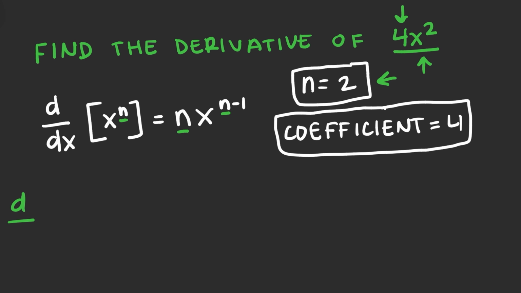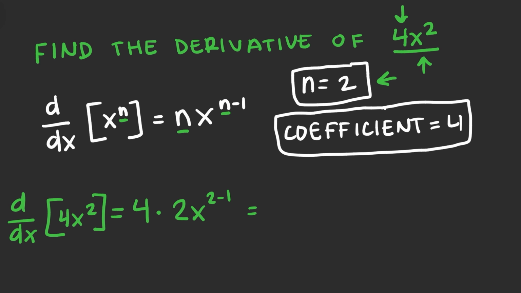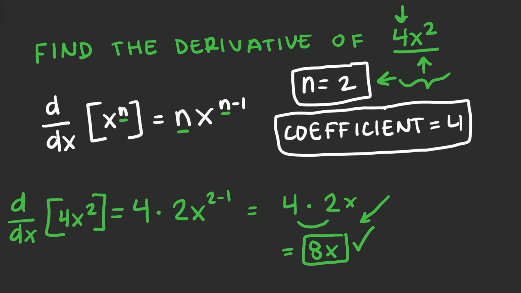So we'll write that as d/dx of 4x squared equals, remember we're just going to pull out our coefficient right here, we'll come back to it at the end, and then we'll have 2x to the 2 minus 1, which would just simplify to 4 times 2x. Our final step is to multiply our coefficient times the derivative, which would equal 8x. So the derivative of 4x squared is 8x.